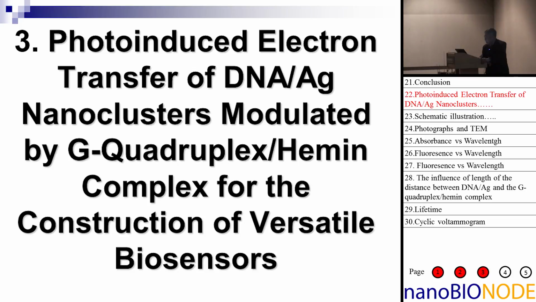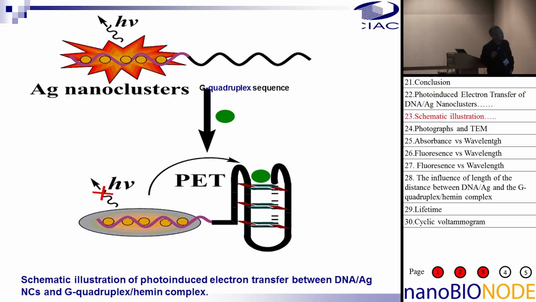The third example I want to show you is the photo-induced electron transfer of DNA silver nanocluster modulated by G-quadruplex hemin complex for the construction of a versatile biosensor. If we have the silver nanocluster with the G-quadruplex sequence, by the addition of hemin, it can be folded as a G-quadruplex.